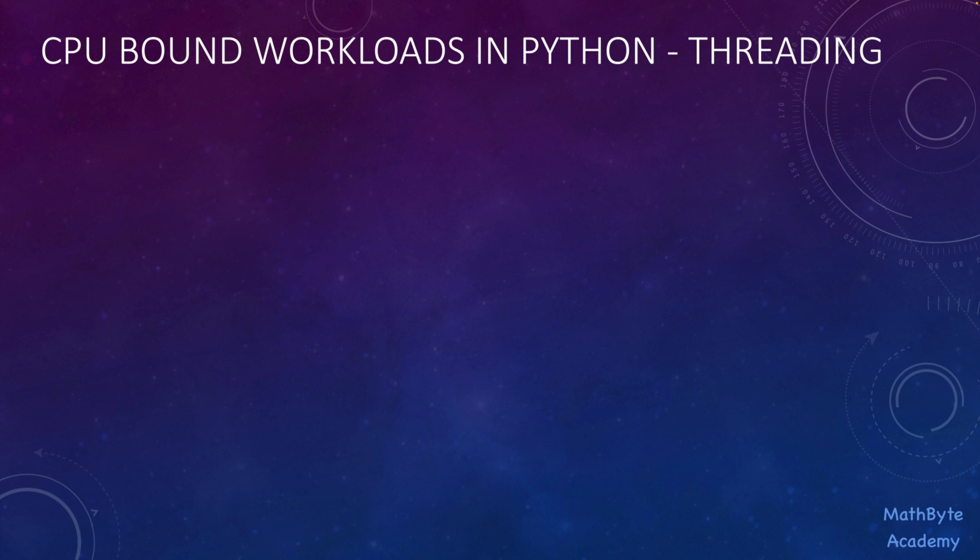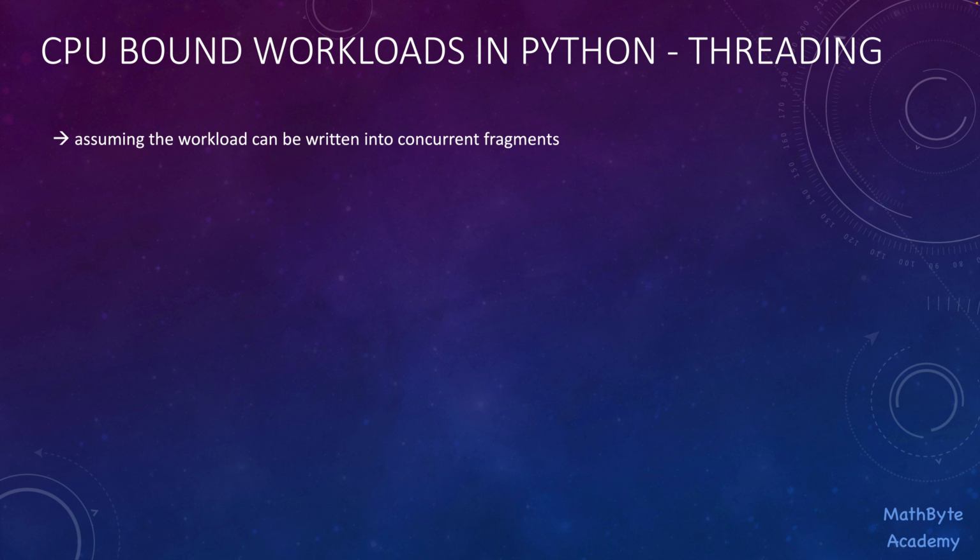So let's talk about CPU bound workloads in Python using multithreading. The first thing, of course, is we're assuming that this particular workload, which could be a function, a method inside a class, or some piece of code, is CPU bound, so it's CPU intensive. It needs to do a lot of calculations.